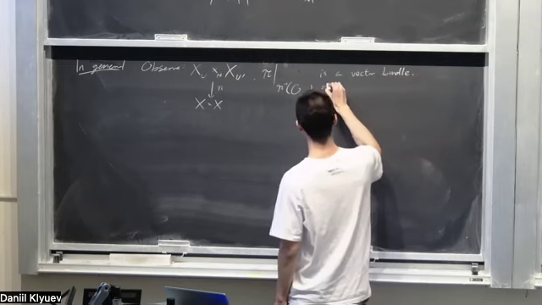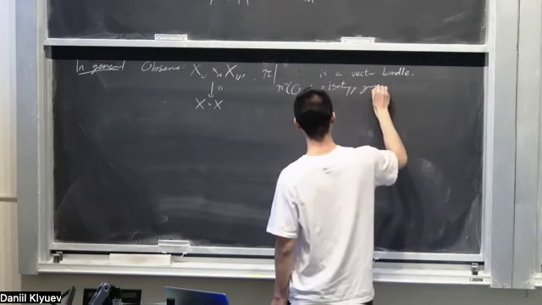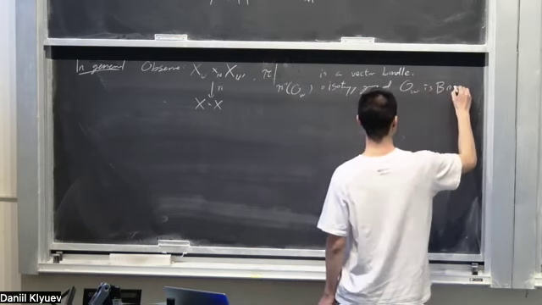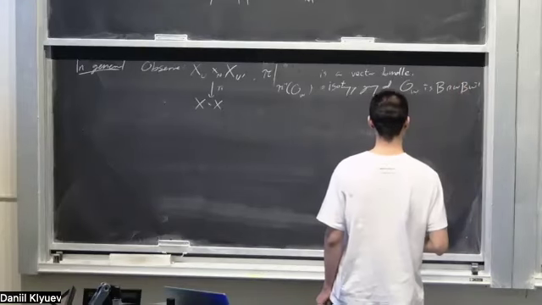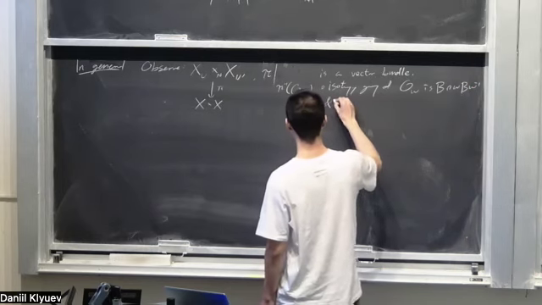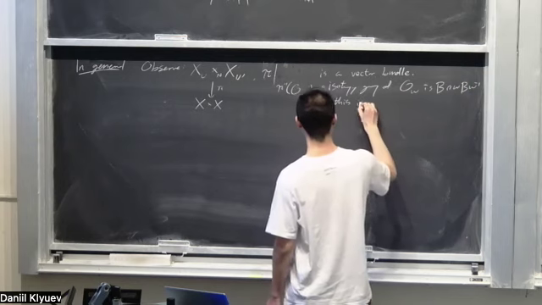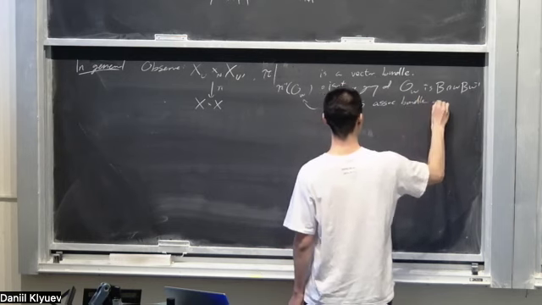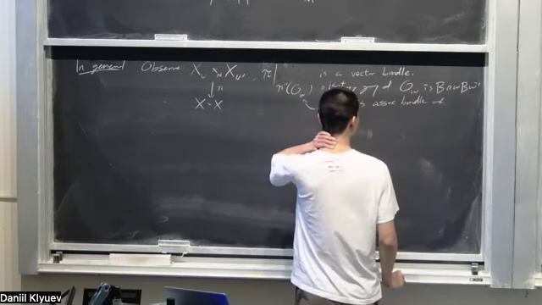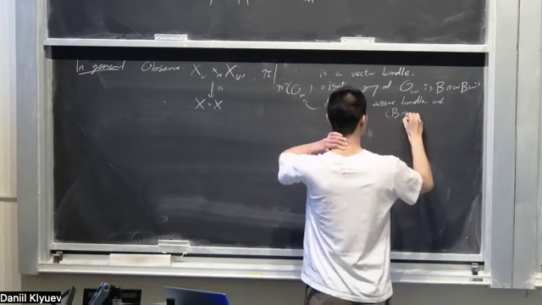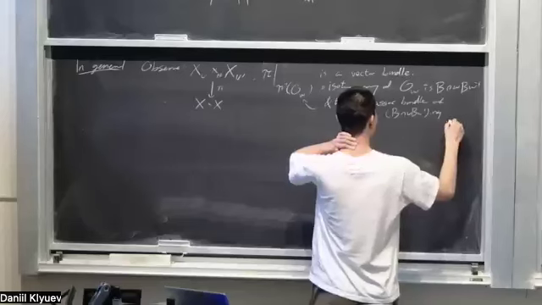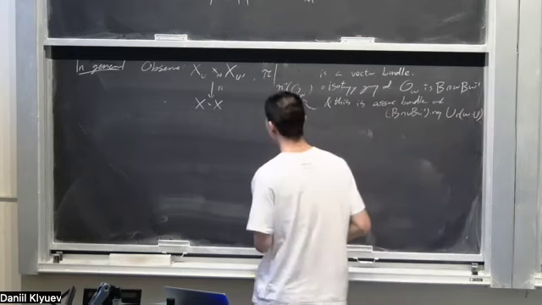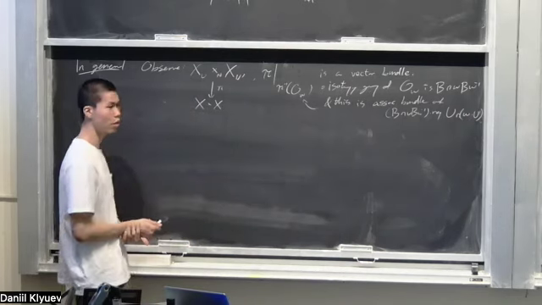The isotropy group of O_W is B intersect B conjugated by W, and this is the associated bundle of the representation of U intersect W acting on U prime. But it's enough that we know it's a fibration.